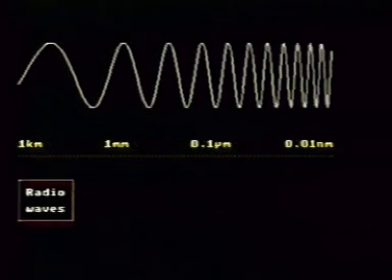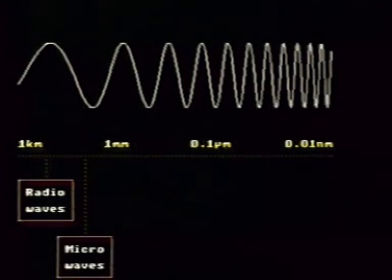Radio waves are the longest waves in the spectrum. Very short radio waves are sometimes called microwaves, but there's no break between one kind of wave and the next. They're all part of one continuous spectrum.